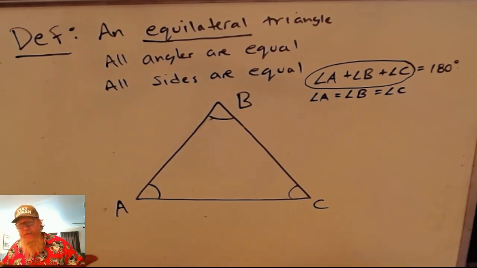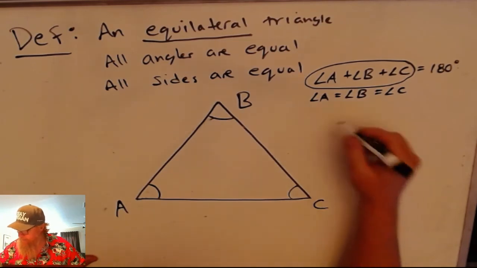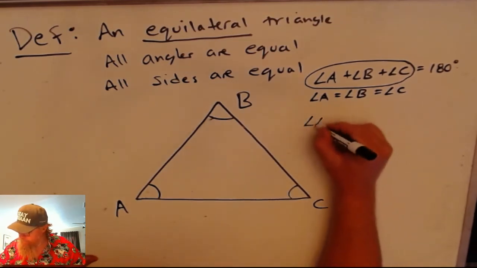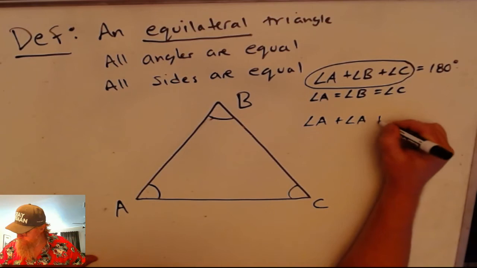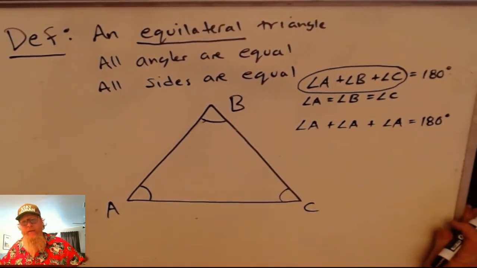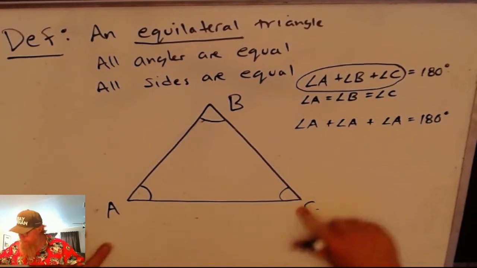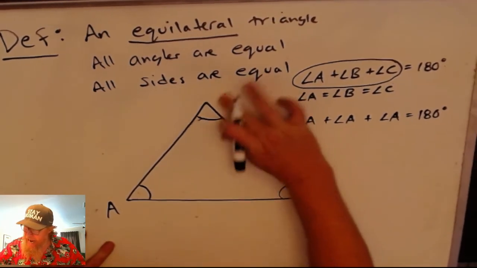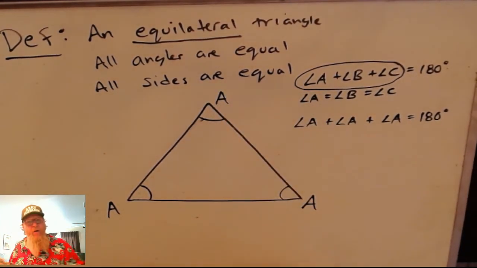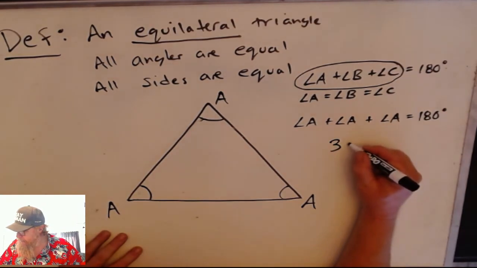So what we do is we just call them all A. A for angle. If they're all the same, I'm just going to call them all A. I could call them all B, and I could call them all C, but we typically just use A for equilateral triangle. All the angles are equal. So you have three of these angle A's.